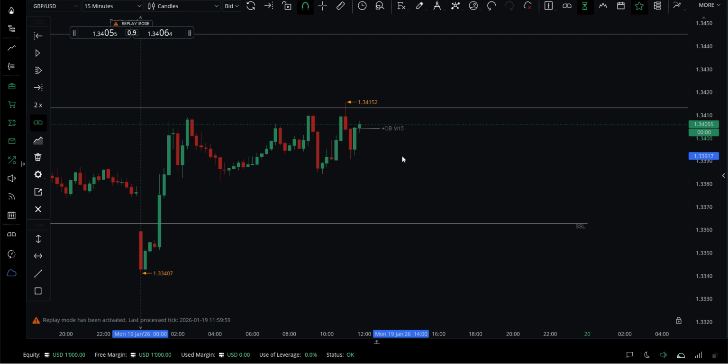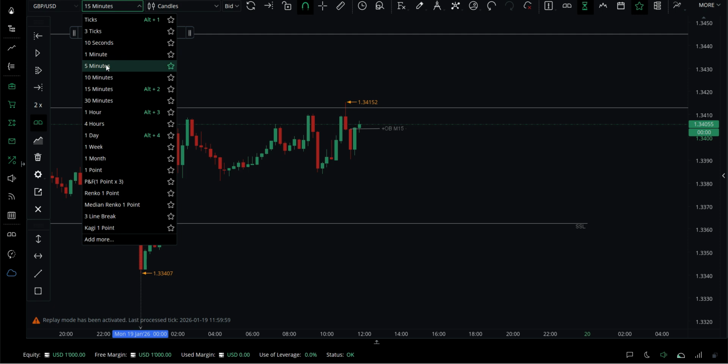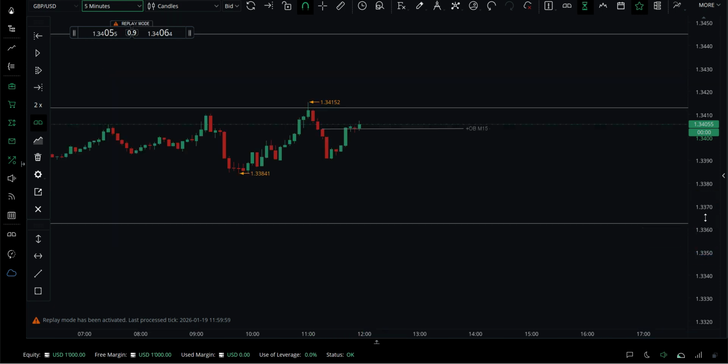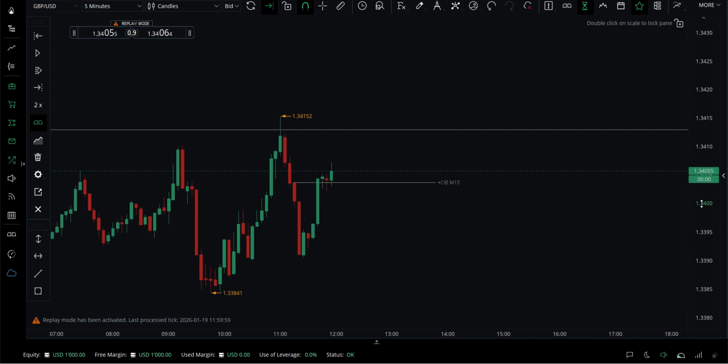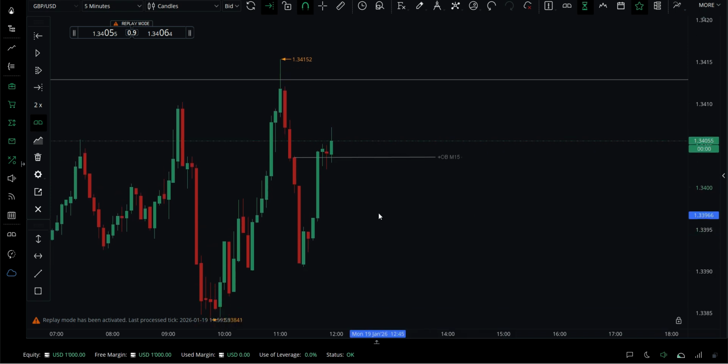Right there, we can set a limit order around this area and set our stop loss below the low of this bullish order block, which is this bearish candle. Or we could go downwards to the 5-minute chart and you'd notice that there is another bullish order block here that we can use for entry.